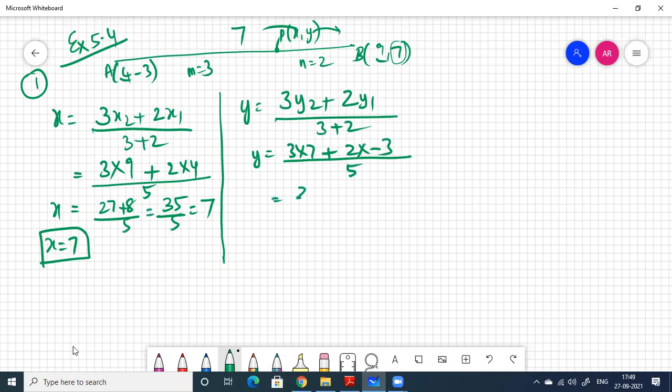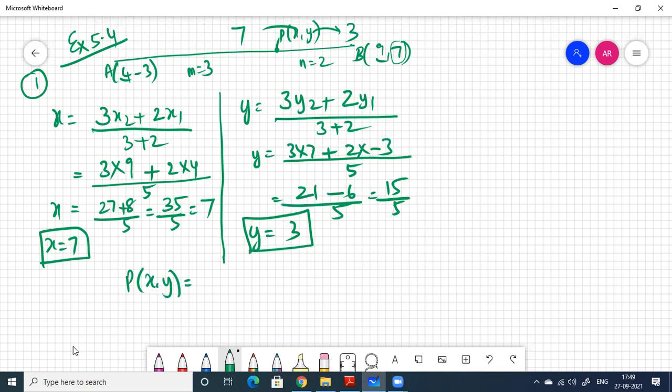That is 3 into 7 is 21 minus 6 by 5. What is 21 minus 6? 15. 15 by 5, y is equal to 3. Very good. So the point P, x comma y, that you are asking for is equal to 7 comma 3. That's all, very simple. We solved the problem.